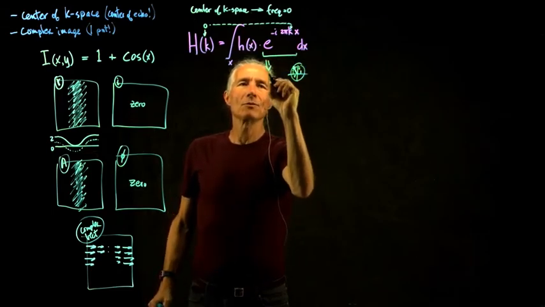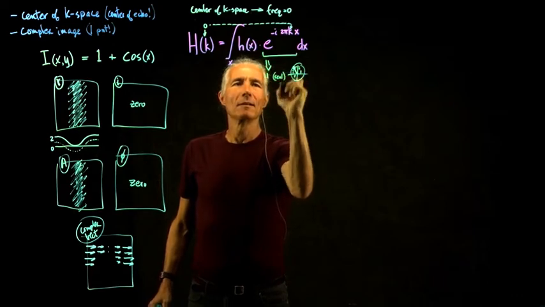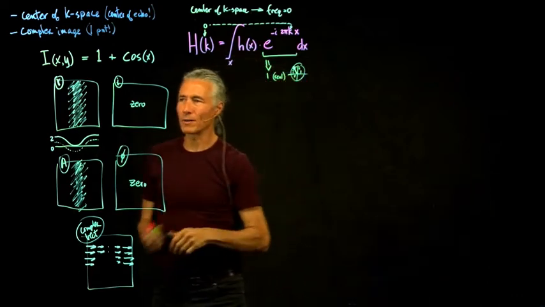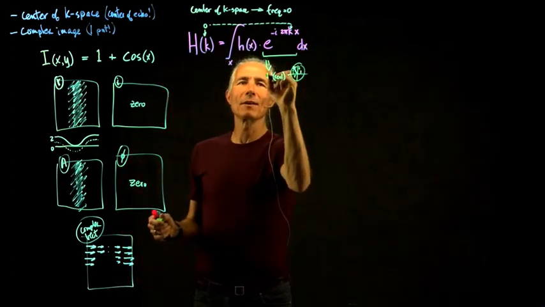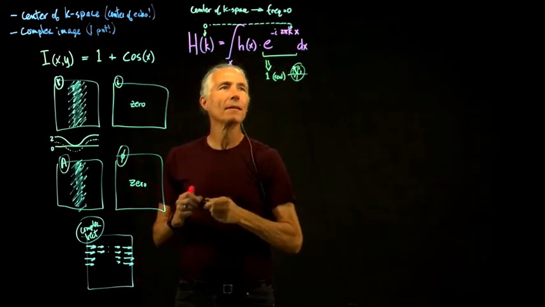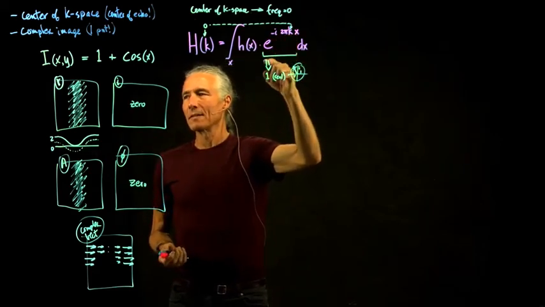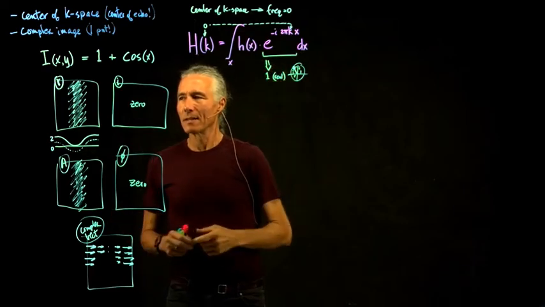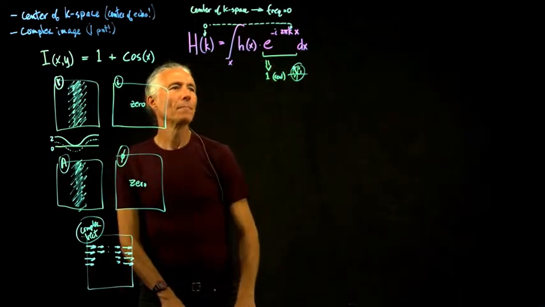So this just goes to 1, real. It's only got a real part. The imaginary part is 0. It's just a plain old 1 with no imaginary part, because e to the 0 is just 1, and the result of that is no imaginary part.